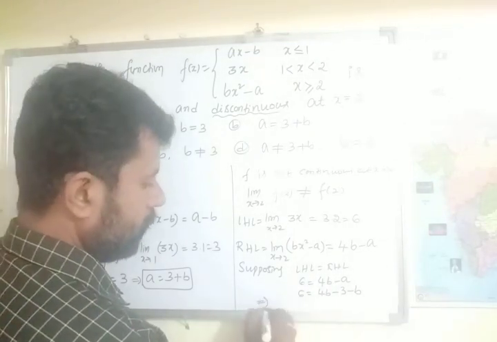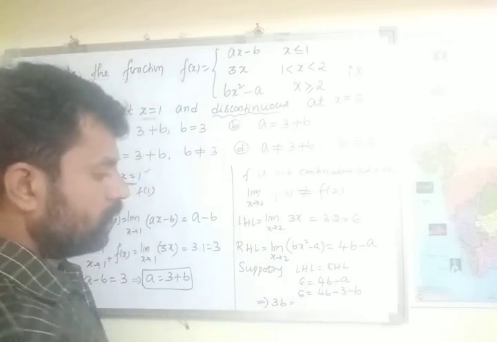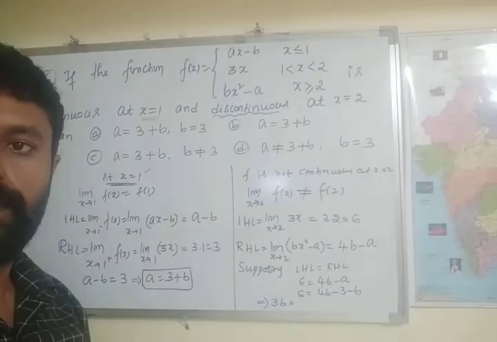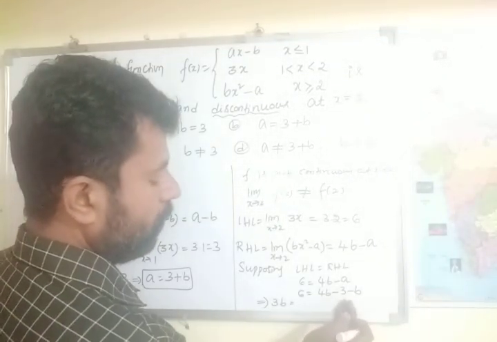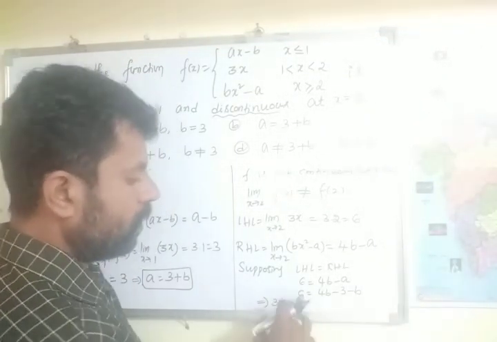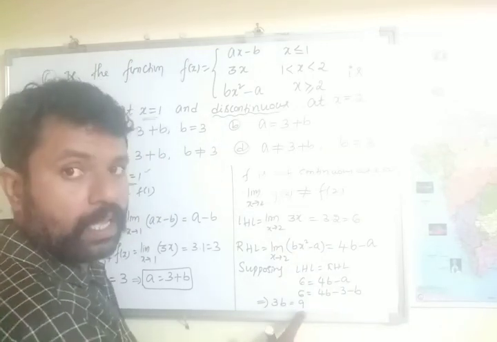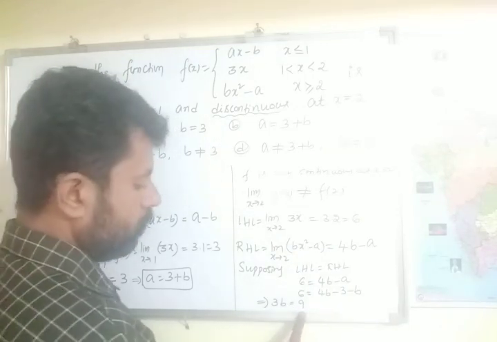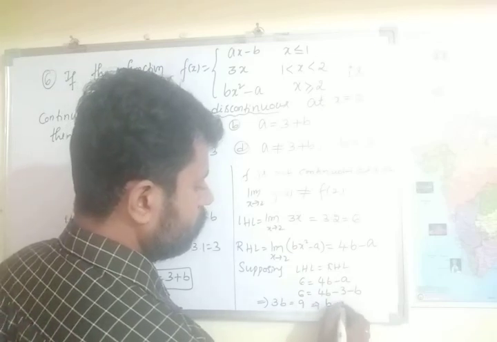This implies 3b is equal to 6 minus 3, which is minus 3 taken to the left hand side, giving 6 plus 3, which is 9. Divide both sides by 3, and this implies b is equal to 3.